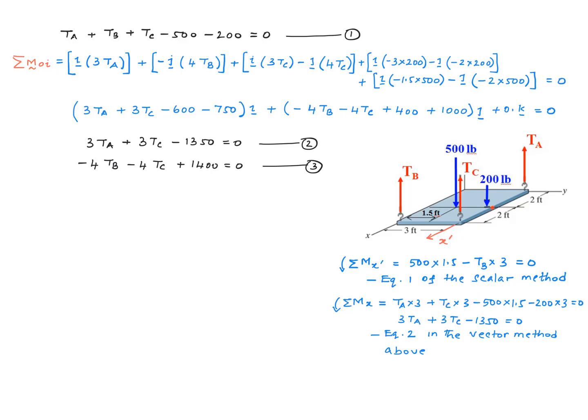200 pounds has a perpendicular distance of 3 feet, right? And that also gives us a clockwise moment. So the moment goes in as a negative term in there. You simplify that, we get this. This is identical to this equation number 2 that we got here by the vector method. So what's going on here?